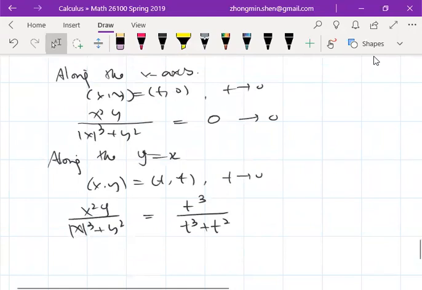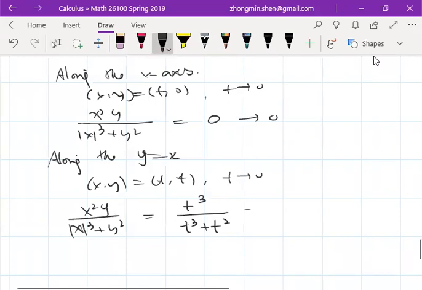Oops. What are we going to get? Let me think about it. So this does not work. You will see that it's still going to be 0.